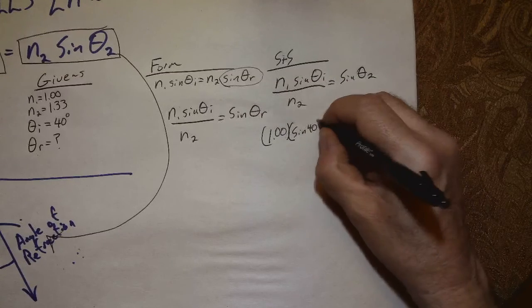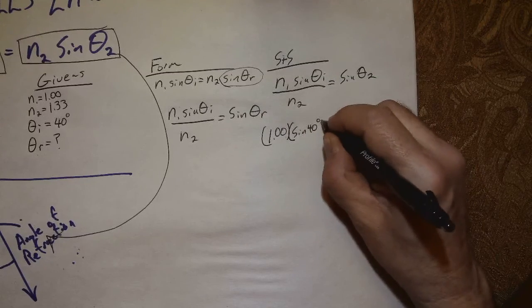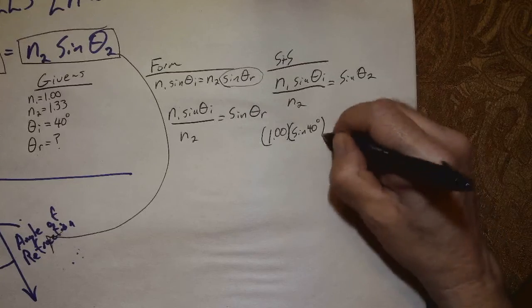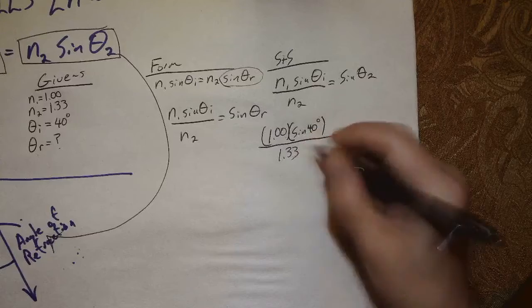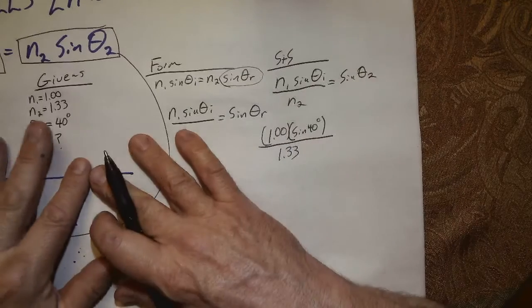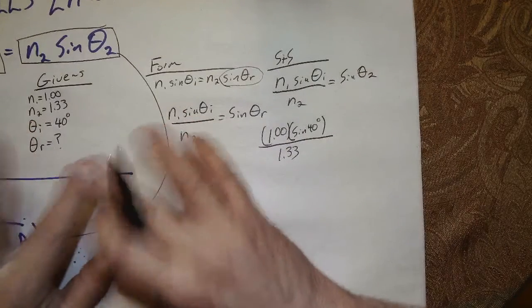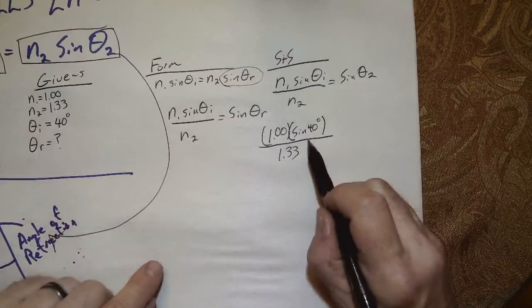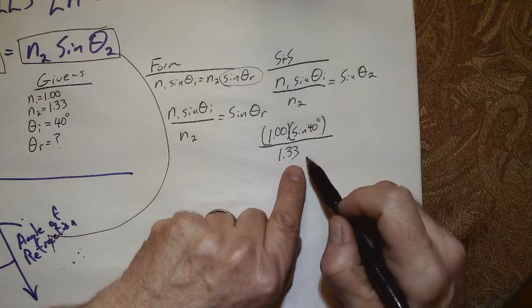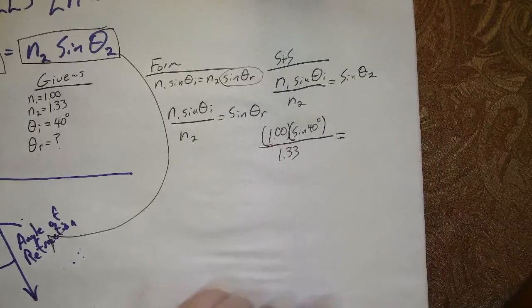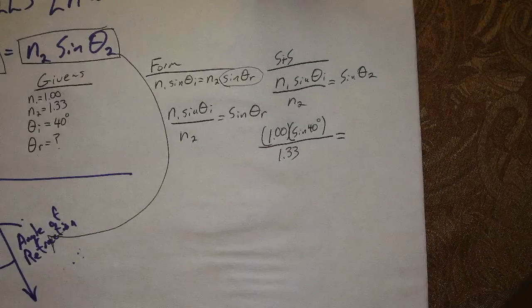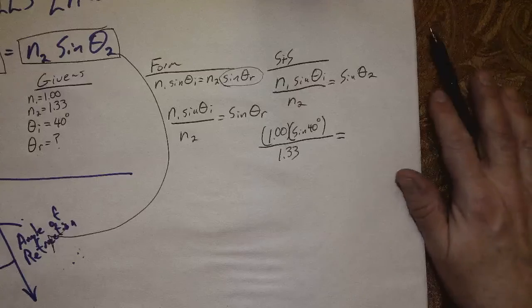Remember, that little degree sign, that's a unit. Don't forget it. We divide that by n2, which is 1.33. This might be a little complicated. It certainly took mankind a while to figure out Snell's law, but at the end, it's pretty straightforward. Not a challenging law at all. So can you figure out what that's all going to be? I'll get back to you.